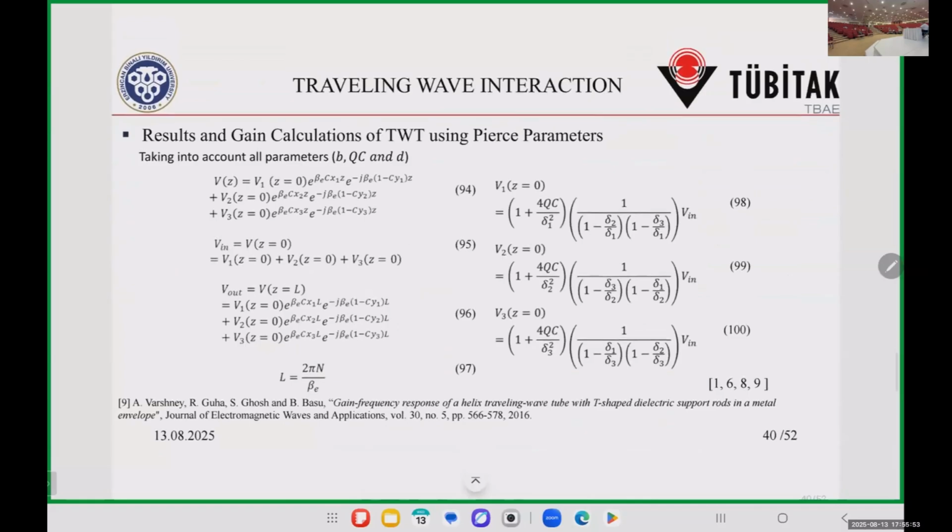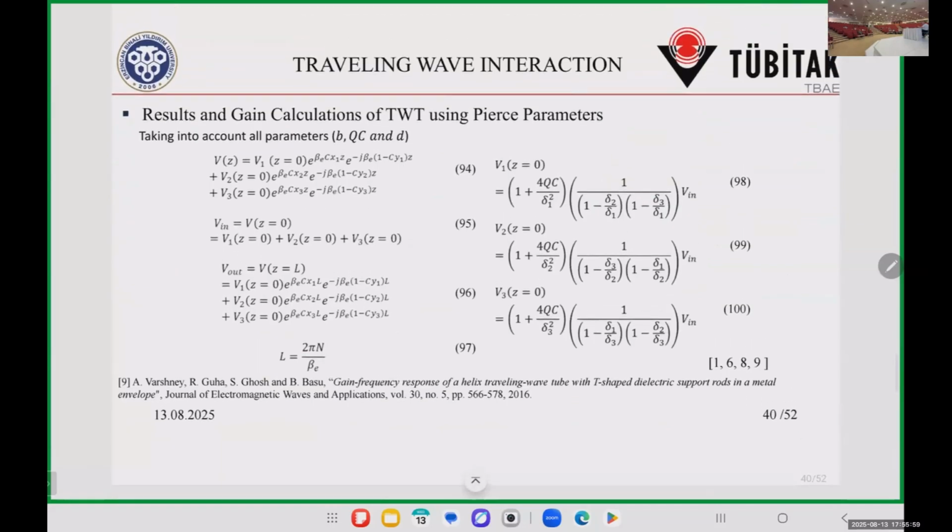If you take into account all parameters here, which means we use all kinds of things: synchronization parameter, space charge parameter, and circuit loss. And we use all of them: V1, V2, V0.